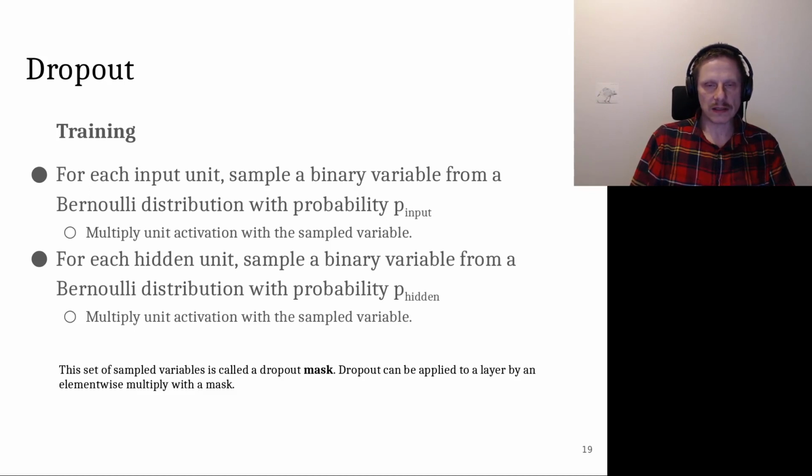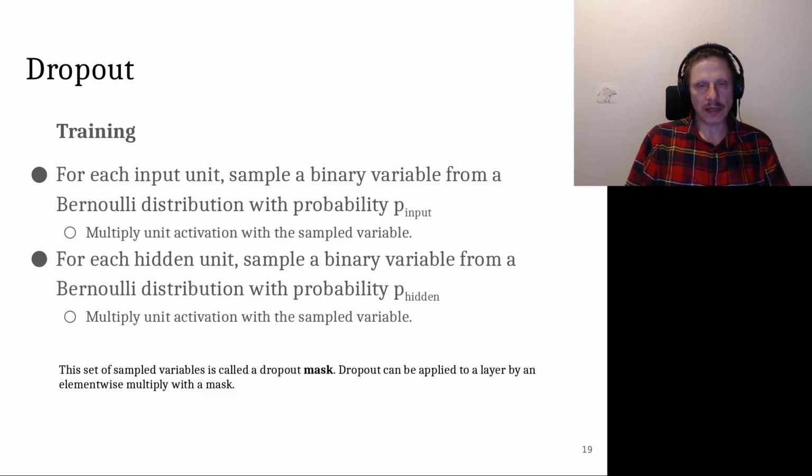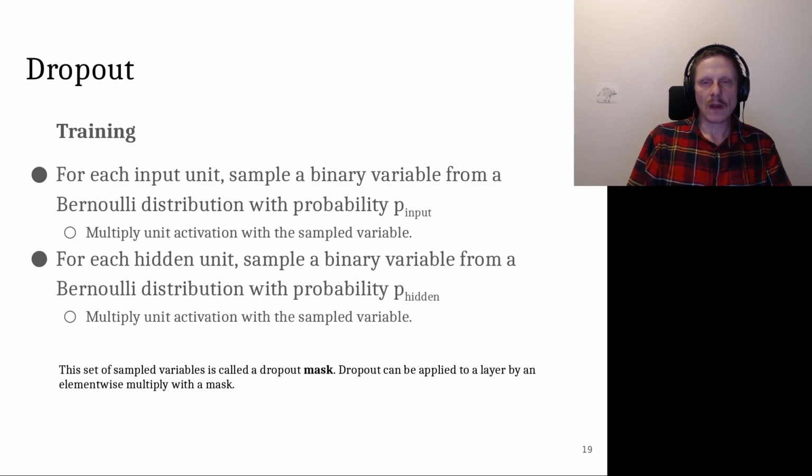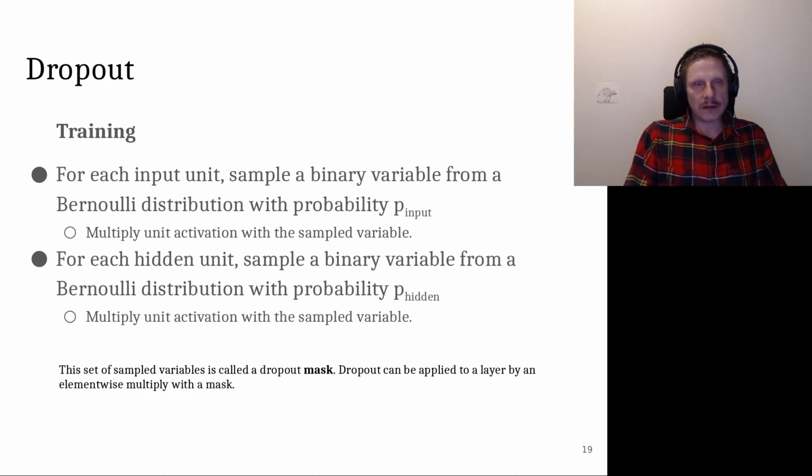A mask is simply a binary random vector, which can be multiplied with the activation vector to zero out some of the units by doing element-wise multiply.